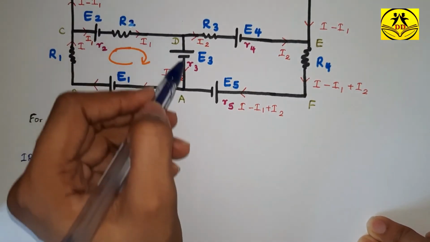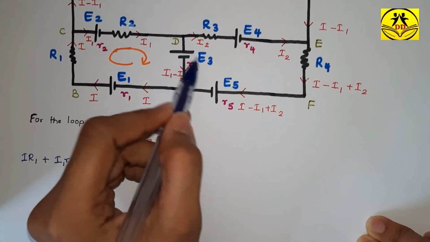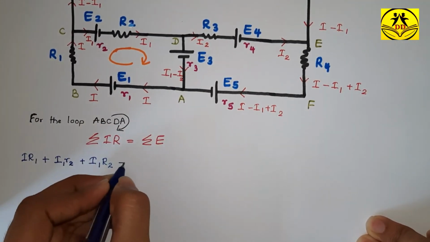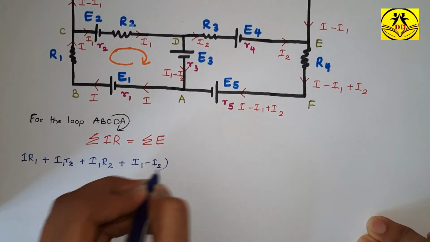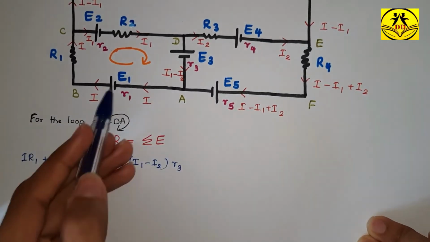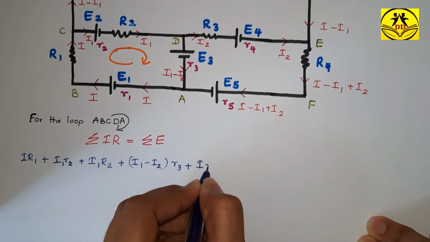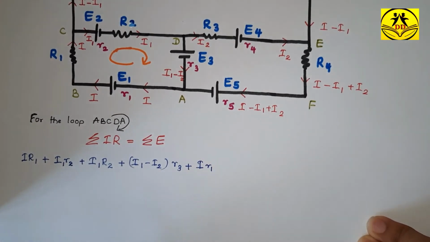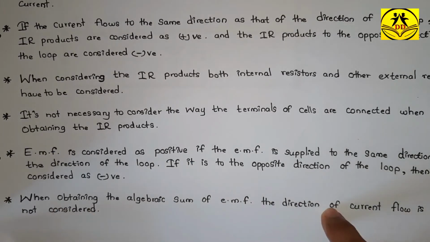When you come along the loop, this internal resistance of the cell, so that is I1 minus I2 to R3, and this one I simple R1. So these are the algebraic sum of the IR products. I have written them here.